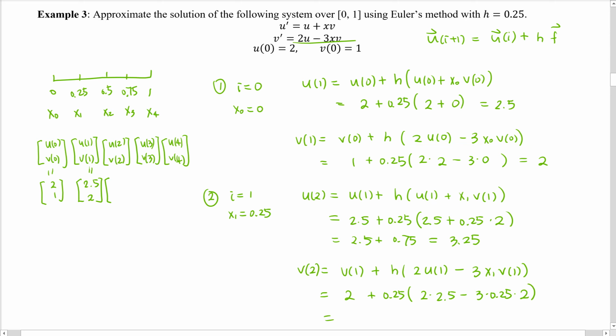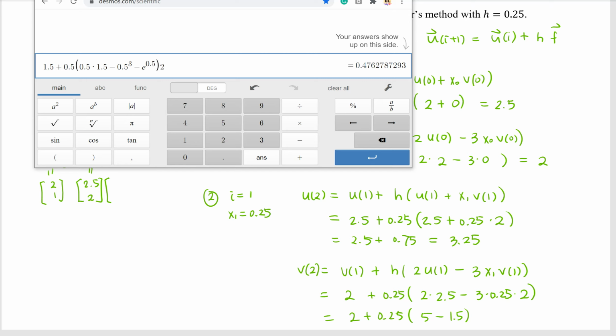Okay, let's see. 2 times 2.5 is 5. 2 times 0.25 is 0.5. 0.5 times 3, 1.5. Okay, so let's use our calculator.